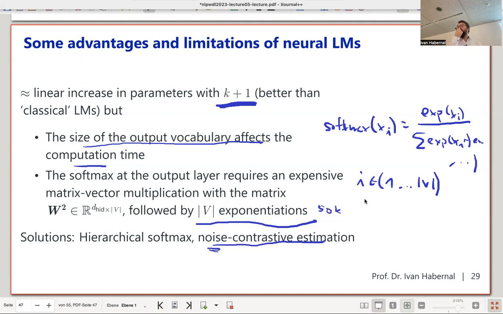Yeah, okay. I'm not a hardware guy. Maybe you take it offline, but what I remember, the implementation in actual frameworks is basically you need to do exponentiation. There's no way around it to get a proper probability distribution, you do this exponentiation.